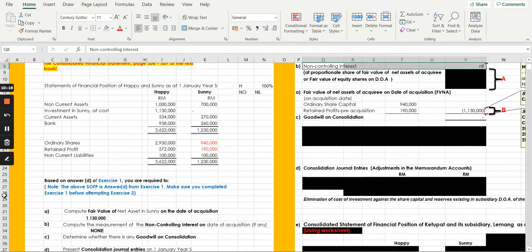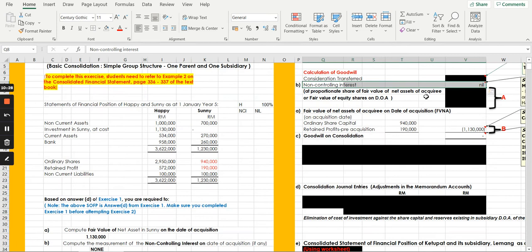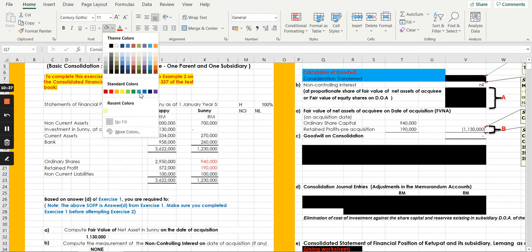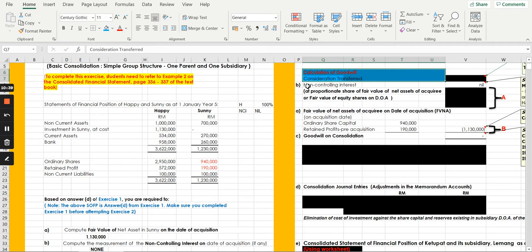Next, you are asked to determine whether there is any goodwill on consolidation. Here, the parent acquired 100%. So let's see whether there is any goodwill on consolidation. To calculate goodwill on consolidation, if you can still recall, you are going to take the consideration transferred, plus the non-controlling interest.